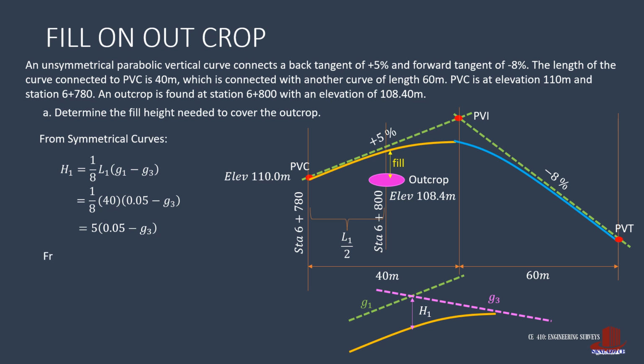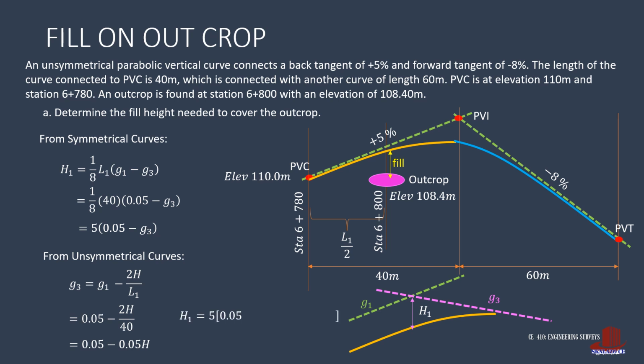Nonetheless, from the derivation of functions in unsymmetrical curves, g3 was derived as g1 less twice of h over the length of the first curve. Plug in figures and have 0.05 less 2h over 40, or this is 0.05 minus 0.05h.